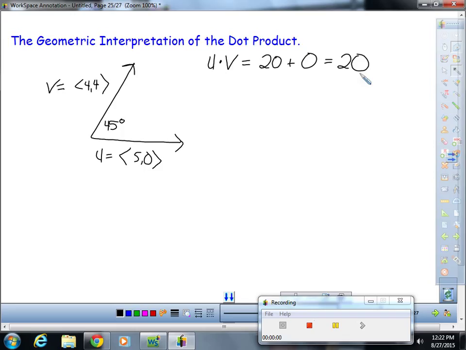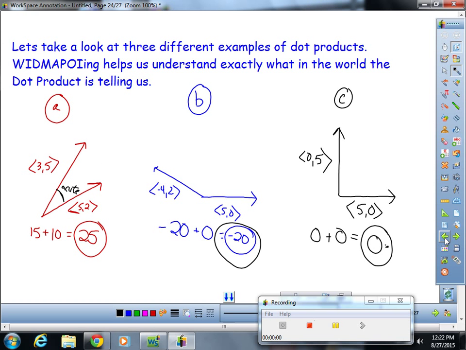Now, I want to explain this to you. Right now, all we know is that if the dot product is positive, the angle is acute. If the dot product is negative, the angle is obtuse. And if the dot product is 0, the angle is right.